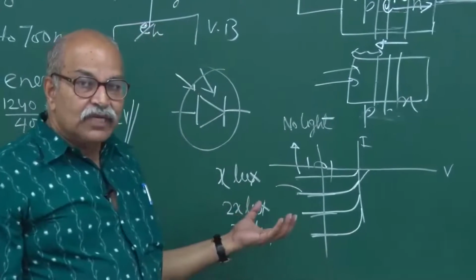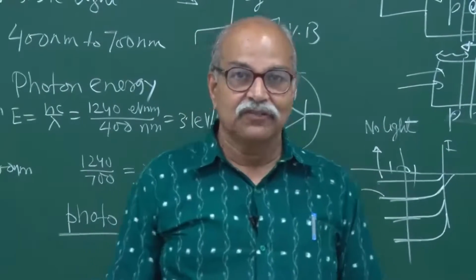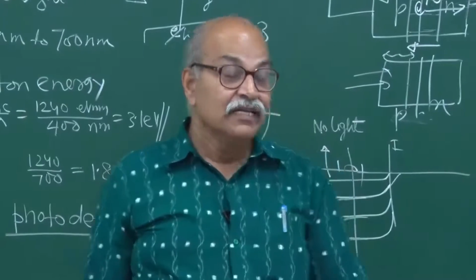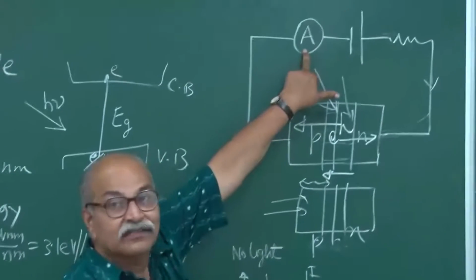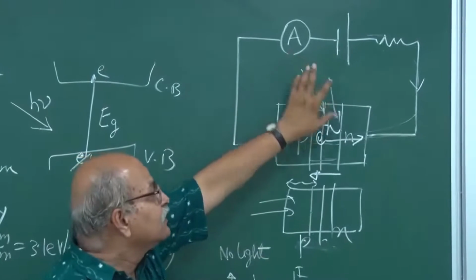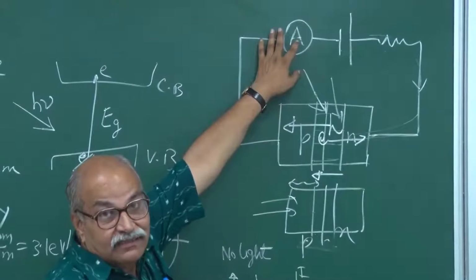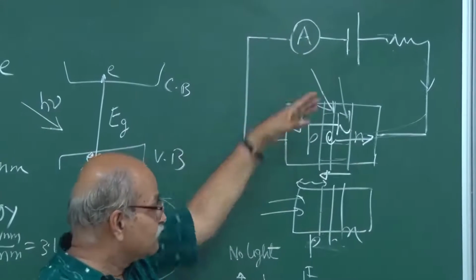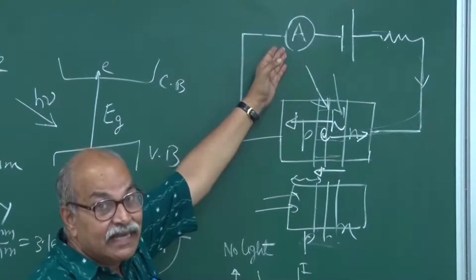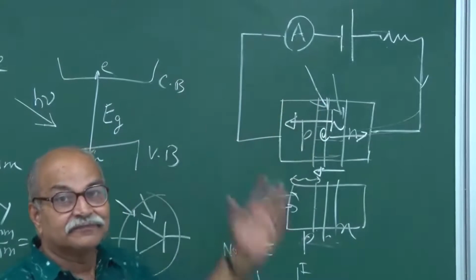And so you can use this to measure the intensity of light, or at least compare two intensities. If you just look at this reverse bias current here, and then shine light, then the reading of this current meter, what reverse bias current is going through this, that will be an indicator of what intensity is falling here.